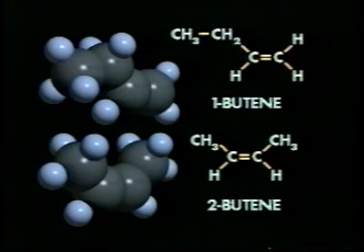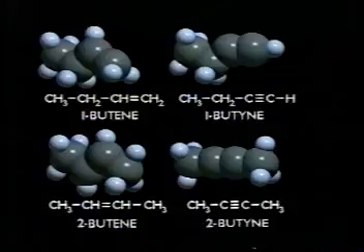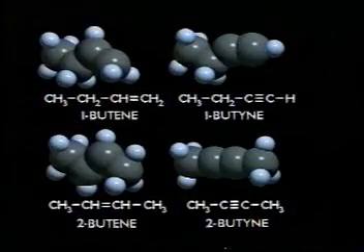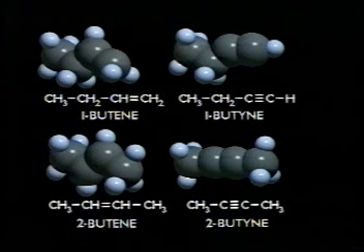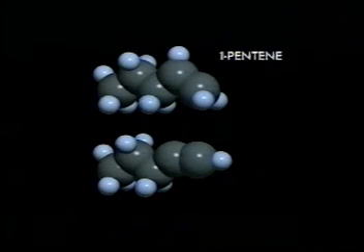This is 1 butene and 2 butene. 1 butyne and 2 butyne. The number is essential in naming these compounds, as it describes where the double or triple bond is. As we add more carbons, we get 1 pentene and 1 pentyne.